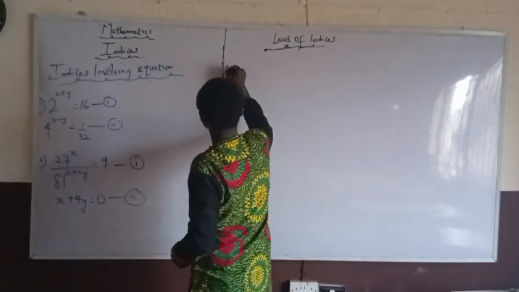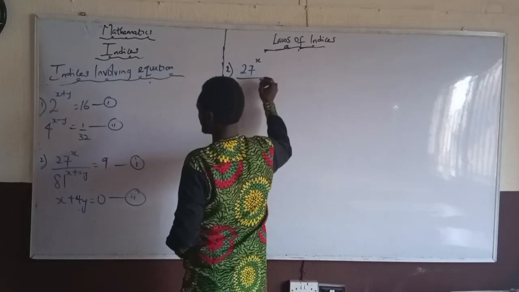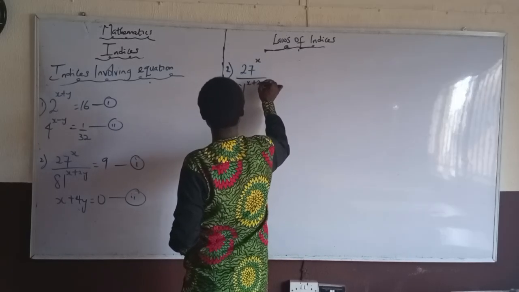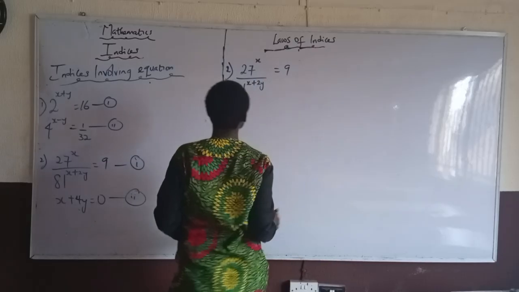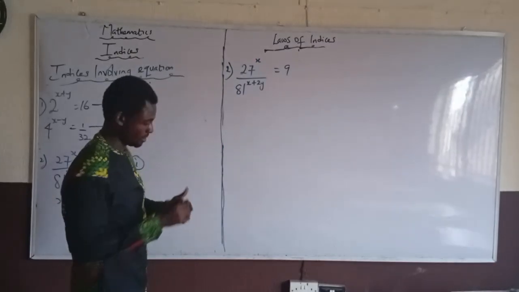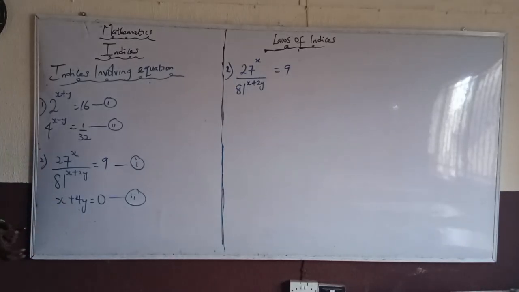So number 2, I have 27 raised to power x over 81 raised to power x plus 2y equals to 9. So here, this is my equation 1. So I want to sort out my equation 1 before I bring in my equation 2.